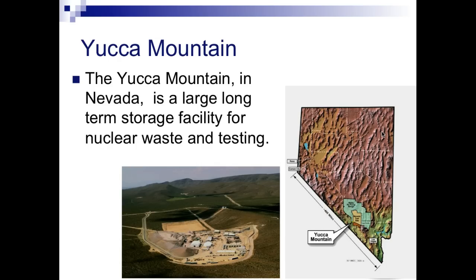Yucca Mountain in Nevada is a large long-term storage facility for nuclear waste and testing. There's not a lot of civilization around it. It's down within a valley, so it does have some protection.